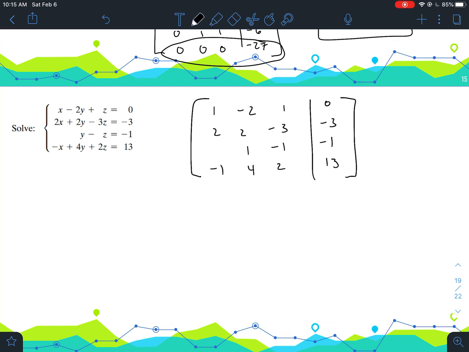So see, oops, sorry, this would be a 0. So see if you guys can get 1s where those are, and then 0s underneath. So see if you guys can put this into row echelon form and solve the system. You can pause the video, try, and then check your work against the finished notes from class today.